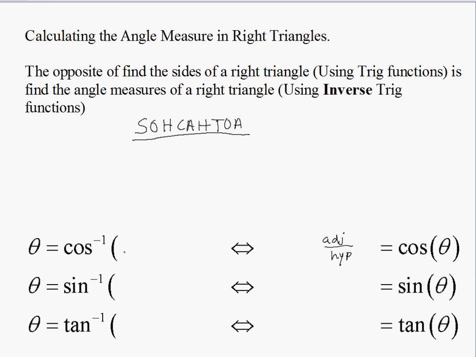If I take this number and plug it into my inverse trig function, I would have adjacent over hypotenuse and close the parentheses. So in your calculator, you would have inverse cosine, and then this is inside your function, and that's going to be equal to your angle measure.